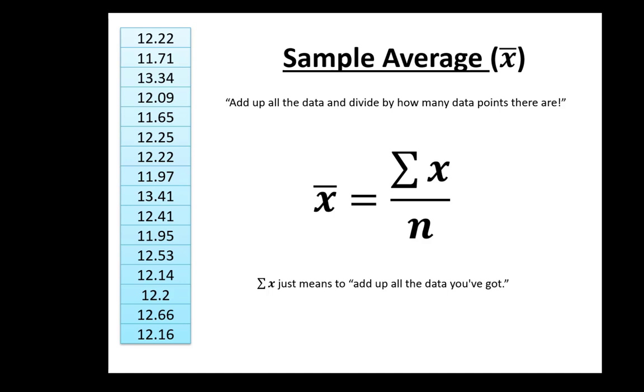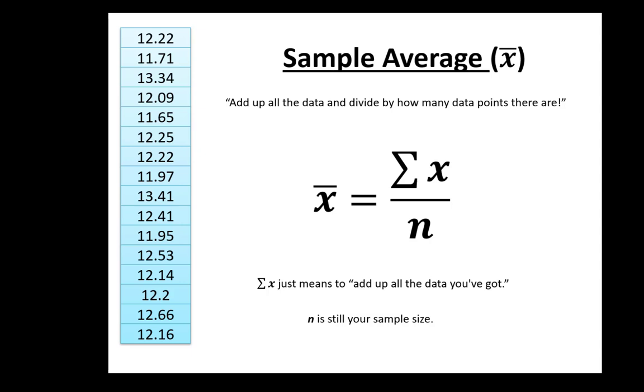So this can be a little bit confusing at first. X bar is the average itself, but just a simple X is an individual data point. And a big sigma next to that individual X just simply means to add up everything you've got. And then you're going to divide by how many data points there are, just like you did before. It's still your sample size. So that formula, although it might look a little daunting at first, is exactly the way you've taken an average your entire life.